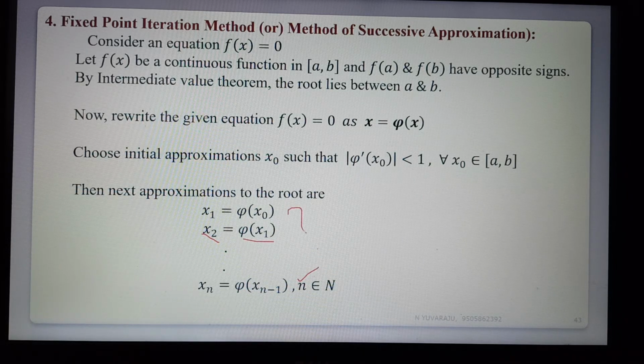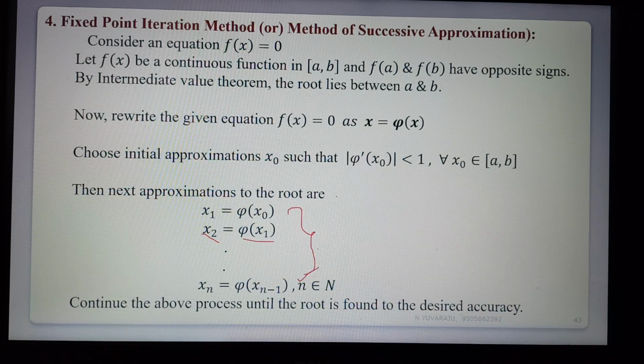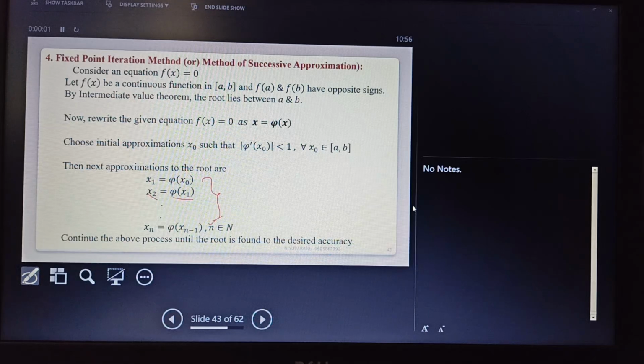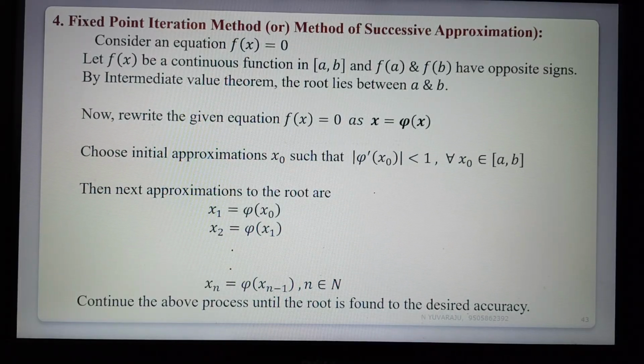When any two consecutive values, x1 x2, x2 x3, x3 x4 and so on, are nearly the same, that is the required root. So this is the fixed point iteration method.